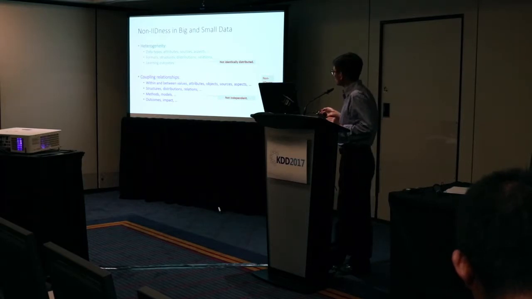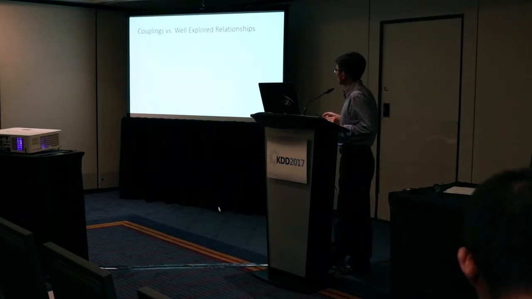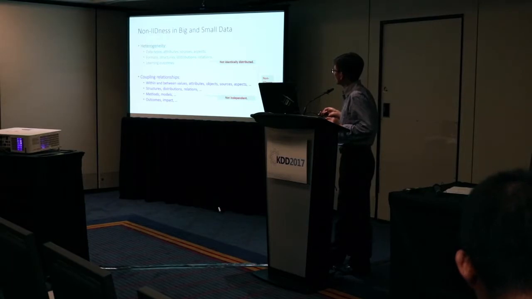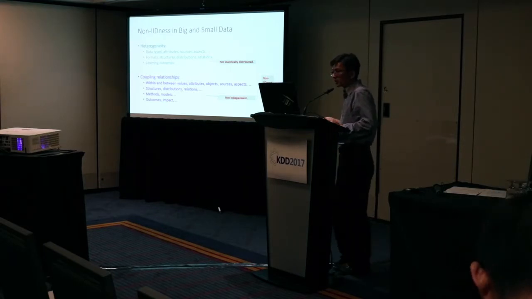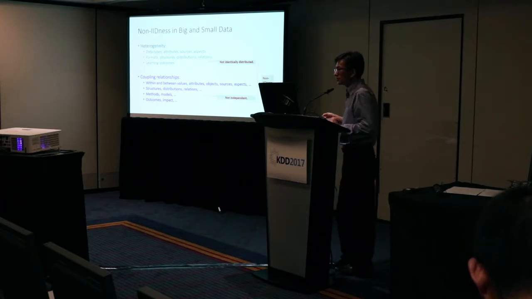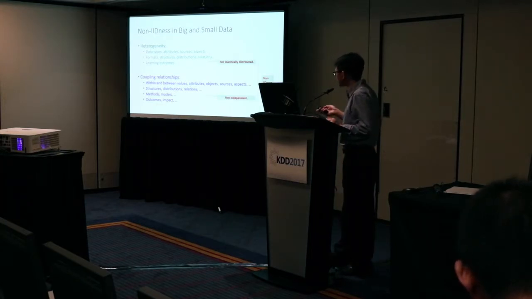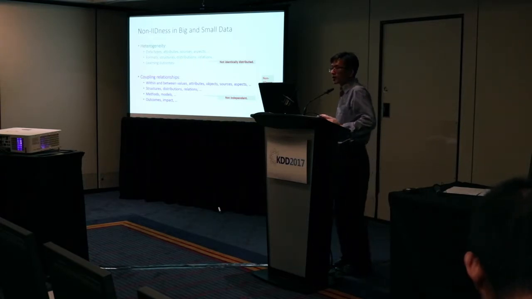Basically it refers to broad relationships within and between feature values, attributes, objects, sources and aspects, structure, distribution, relation, which means relation of relation, right? And relation of methods, relation between models, and between the outcomes like impact, the risk level, etc. So we put these two together, and that's what we call non-IIDness.